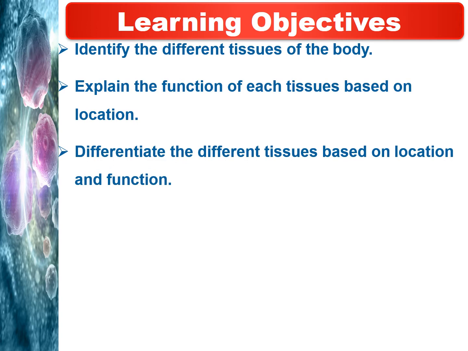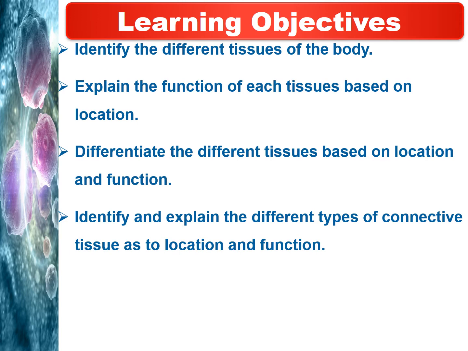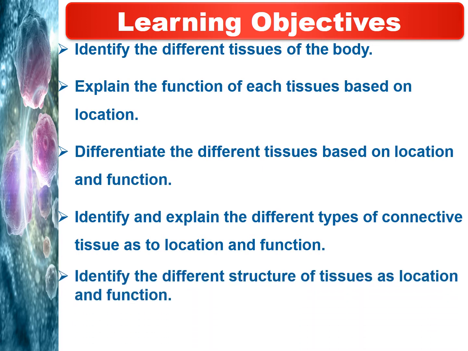You will be able to differentiate the different tissues based on the location and the function subserved by them. Also, you can identify and explain the different types of connective tissues as to location and their functions. Further, you can identify the different structures of tissues as to location and function. And also, you can compare the tissues as to their function.